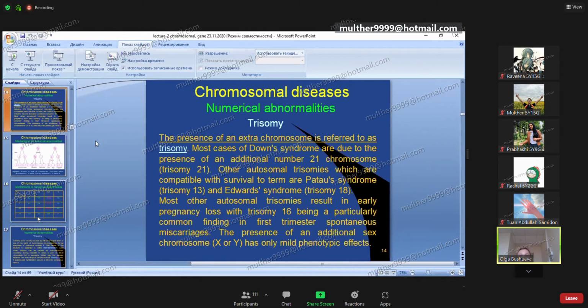Most other autosomal trisomies result in early pregnancy loss, with trisomy 16 a particularly common finding in first trimester spontaneous miscarriages. The presence of an additional sex chromosome X or Y has only mild phenotypic effects.